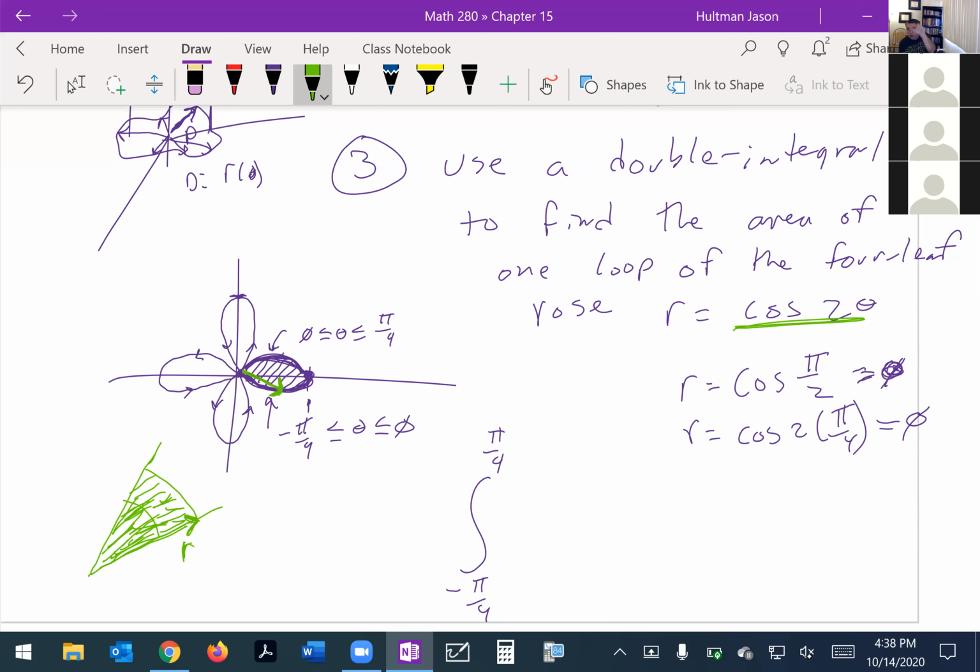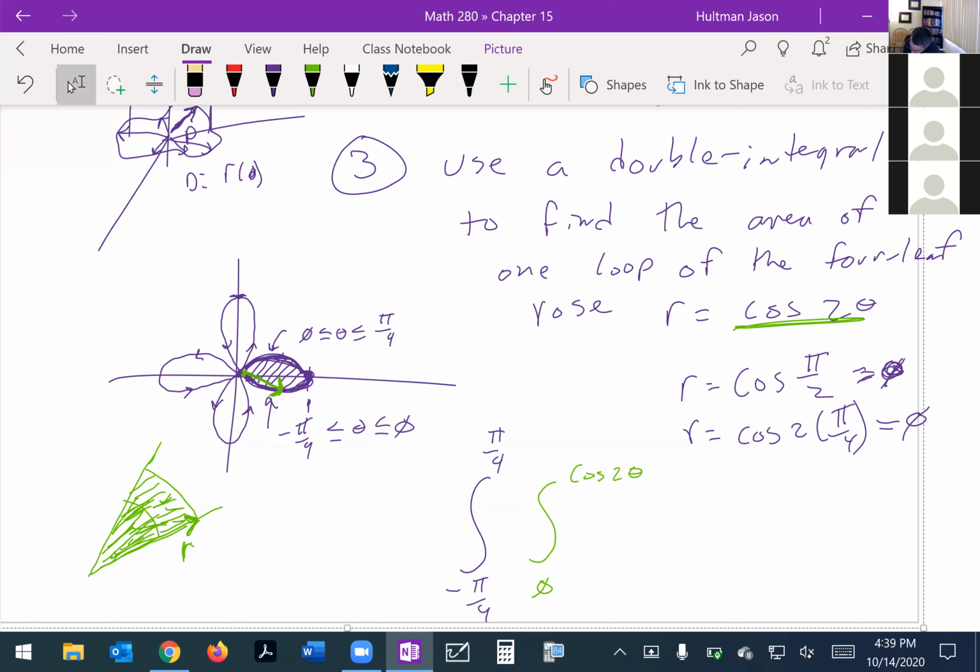How far out is R? It's sweeping that area, so it actually goes from 0 to cosine 2 theta. R is a function of theta. It starts here at 0.